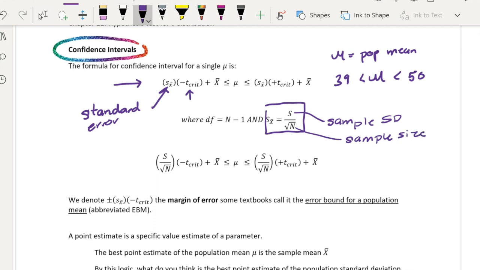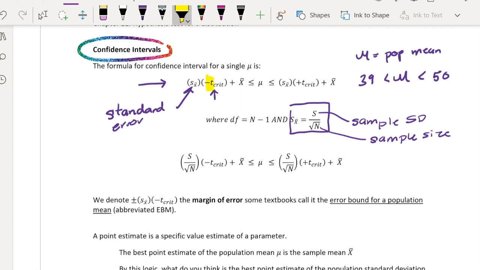This is what we're going to get from the t-table. Notice how on this side it's negative and on this side it's positive. We're going to use the table the same way we did before. It's always going to be plus minus because we want to build the interval, and a value has to be above the mean and a value has to be below the mean. That's usually what intervals are.